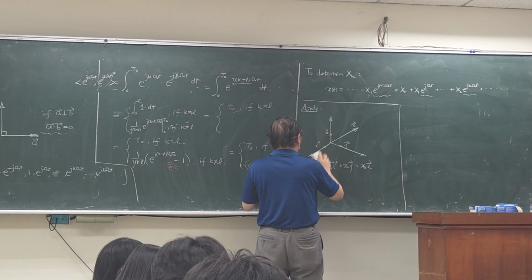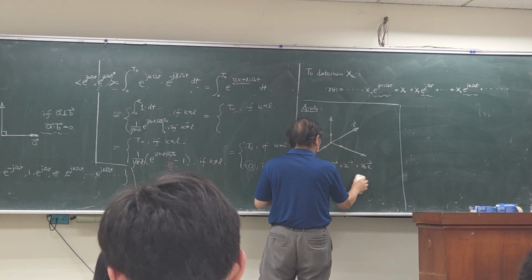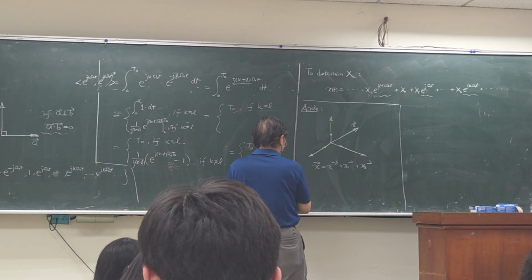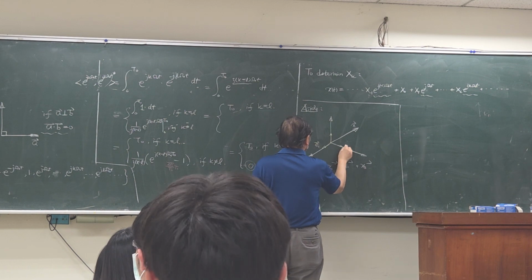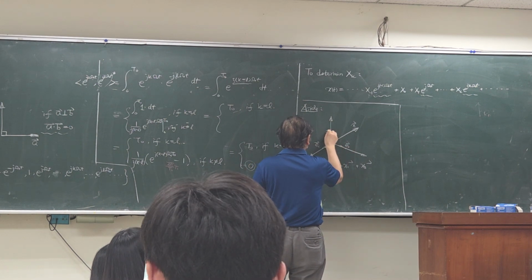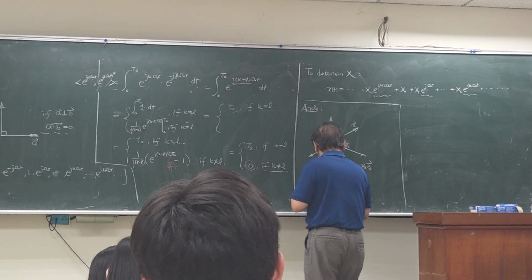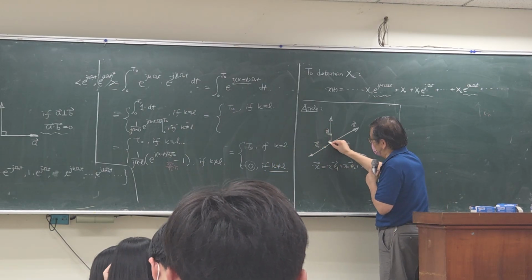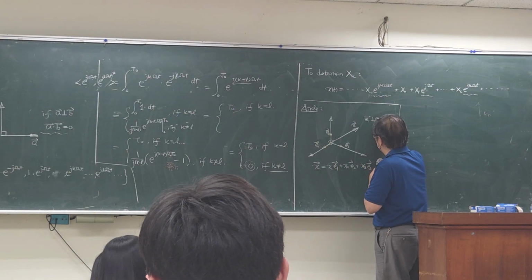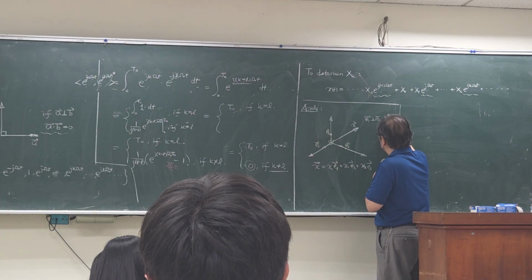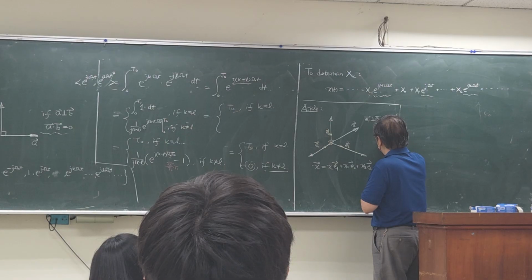Maybe you may use E1, E2, E3 instead. And those E1, E2, E3 are orthogonal to each other. So E1 is orthogonal to E2, E1 orthogonal to E3, and also E2 is orthogonal to E3 as well.